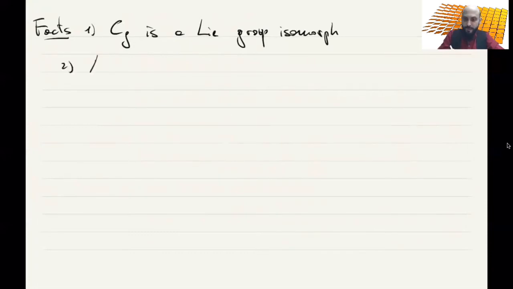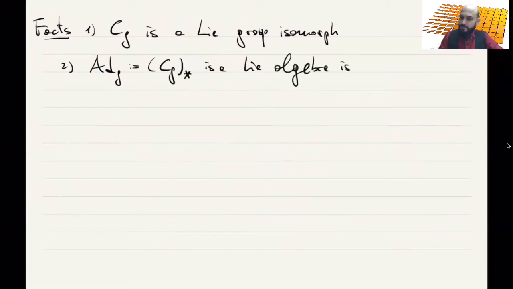Ad_g is the Lie algebra isomorphism associated to C_g. So Ad_g belongs to the general linear group over the Lie algebra.